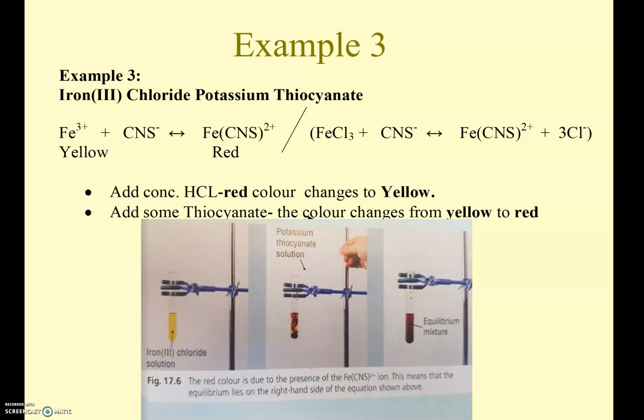Now, your third example, iron chloride and potassium thiocyanate. Here this is the same reaction on both sides of this slash, just this one is a little bit more detailed.